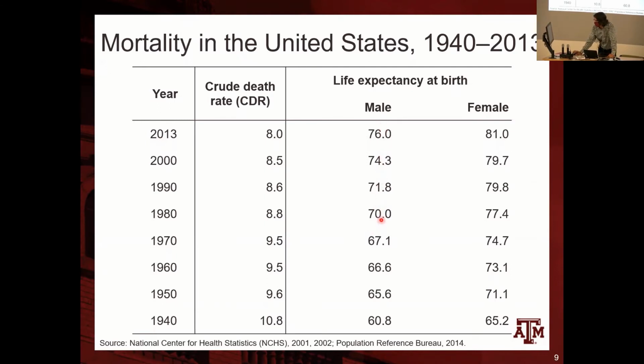We increased the average number of years among men by 6 years, from 70 to 76, right? 4 years, almost 4 years among women, 77.4 to 81, okay? Because women are already at a higher level than men, there is less room to improve, and they improve on a smaller scale, but it's still improving, as did the men, okay?